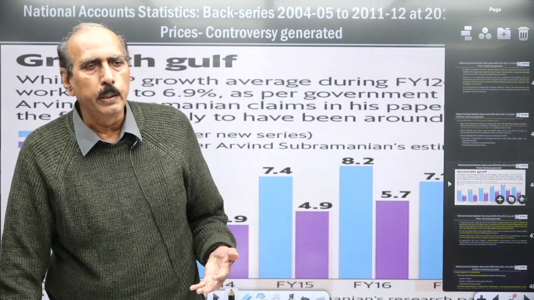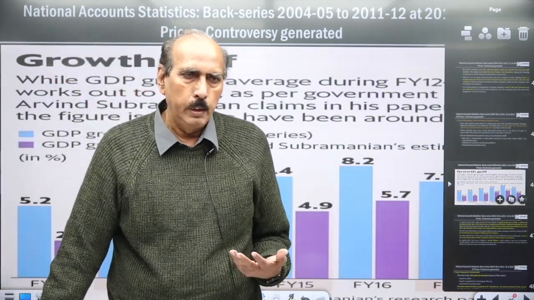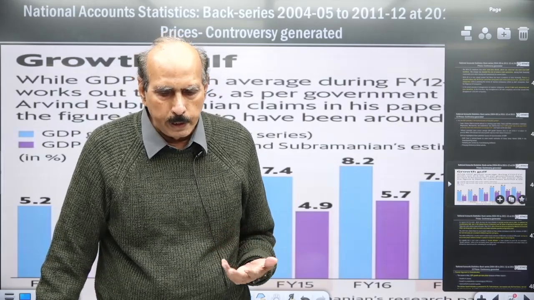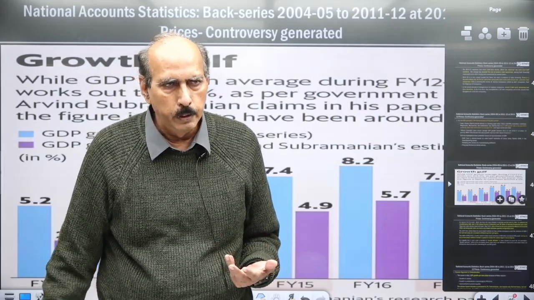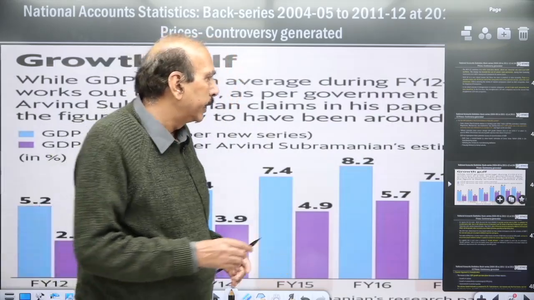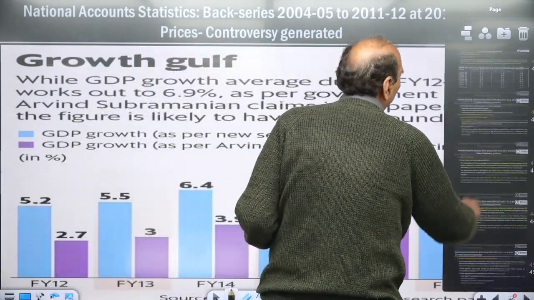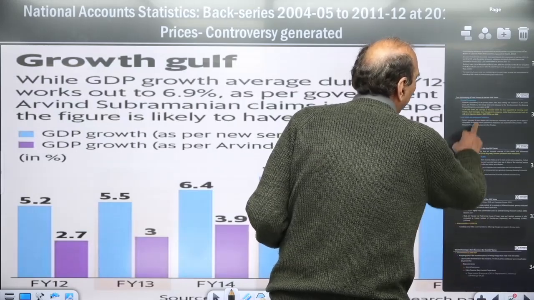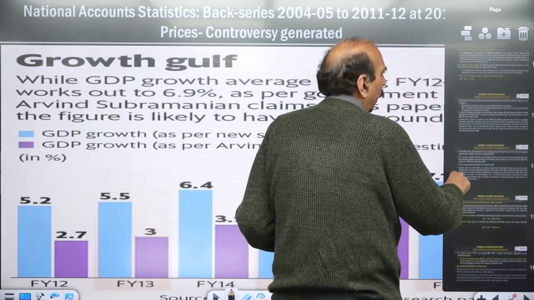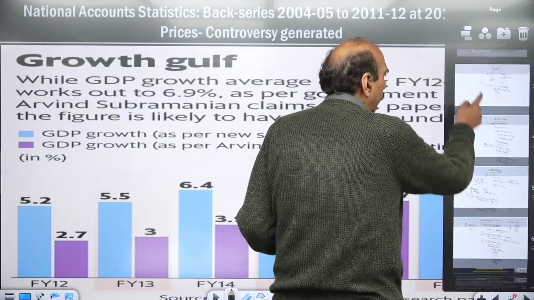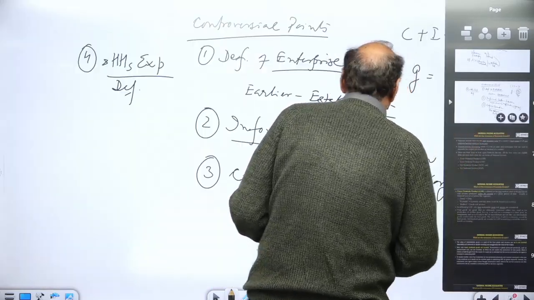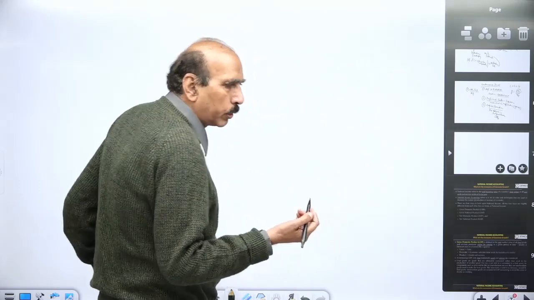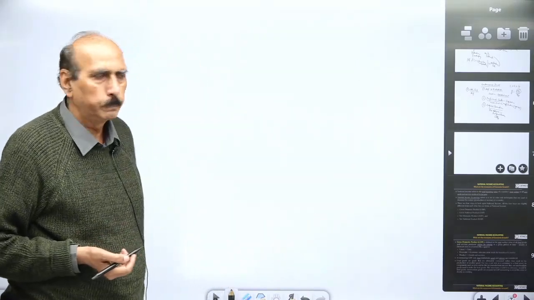But GDP is only indicating the path of the economic growth. It is not indicating economic development. Therefore, the question is, apart from economic growth, if you want to measure economic development, then what indicators should we use?